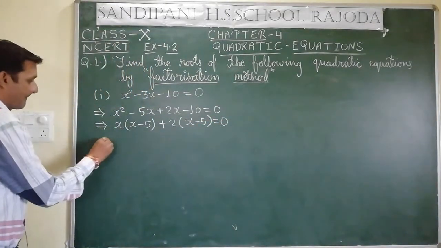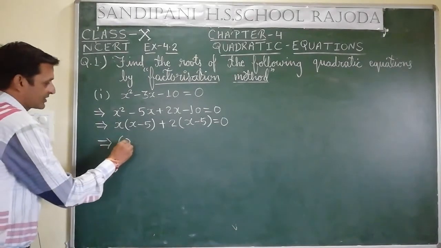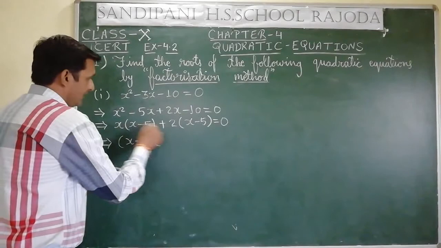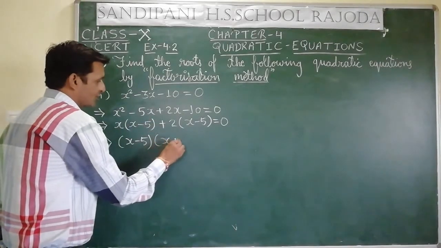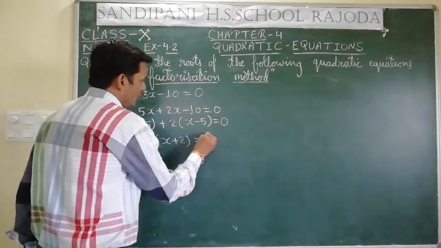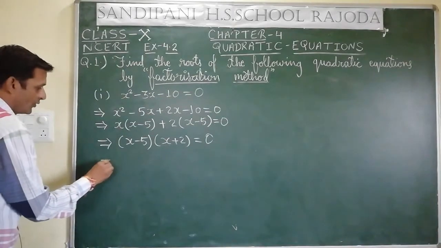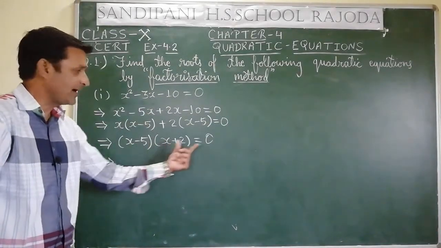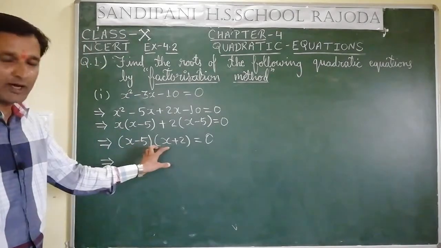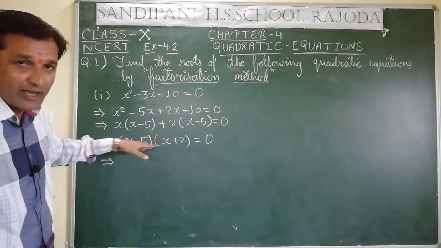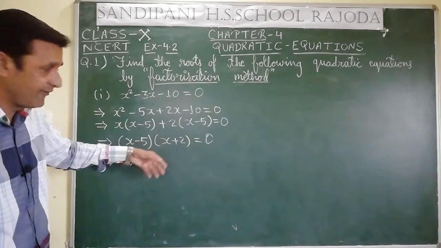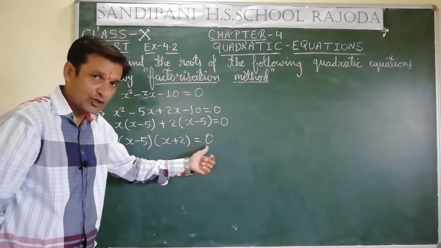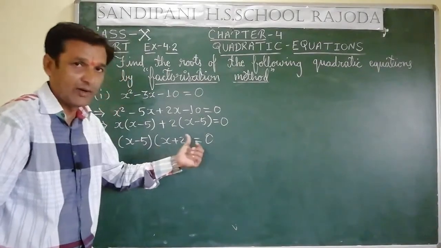Now if we take x minus 5 common, then the remaining term is x plus 2 is equal to 0. Now either this part is equal to 0 or this part is equal to 0, because they are in product. If any of these values is equal to 0, then in that case the product will be 0.